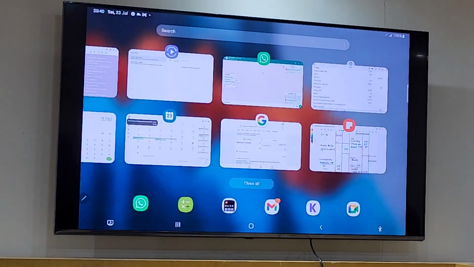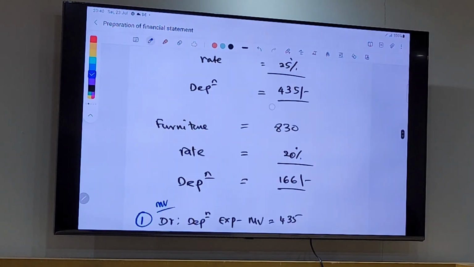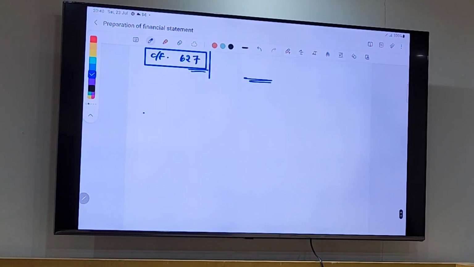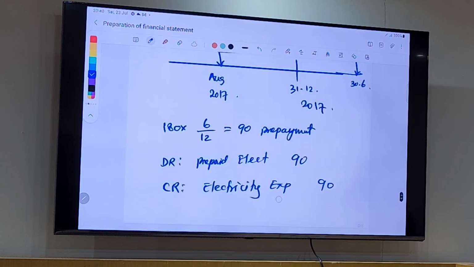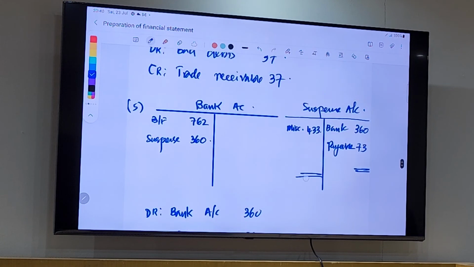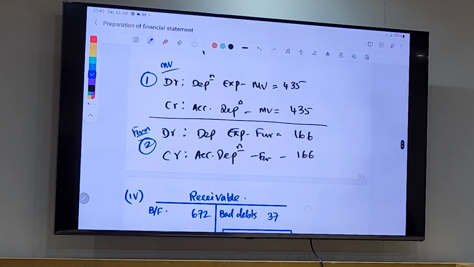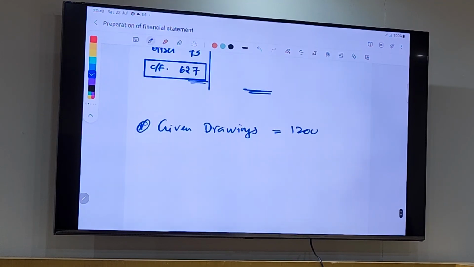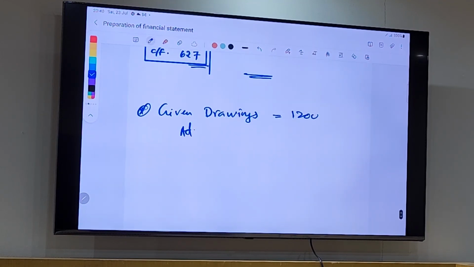Drawings 1,200 already. Given drawings 1,200, and then here we have done one adjustment to wages, 120. Wages how much? We have 120. So 1320, adjustment for wages 120, and goods.